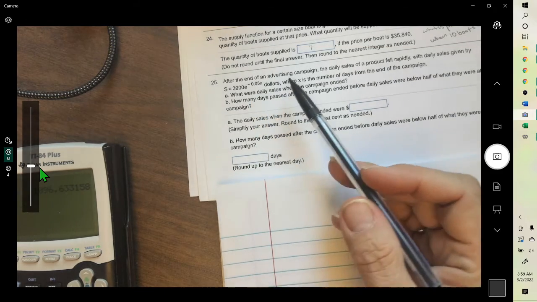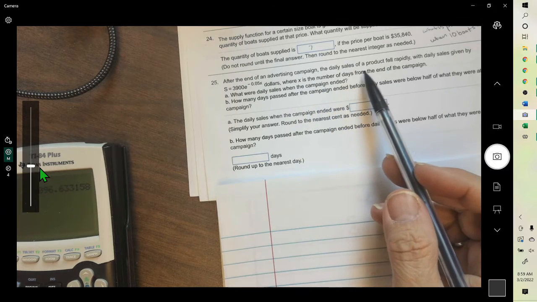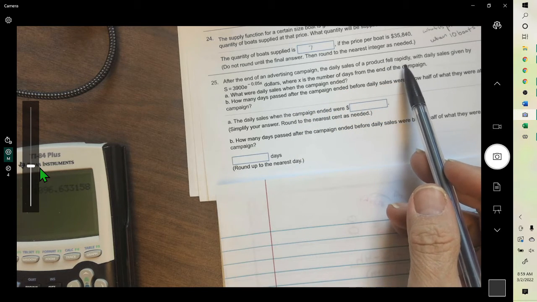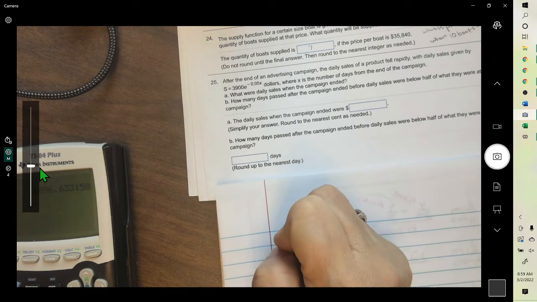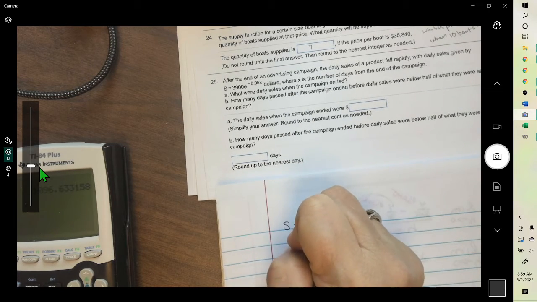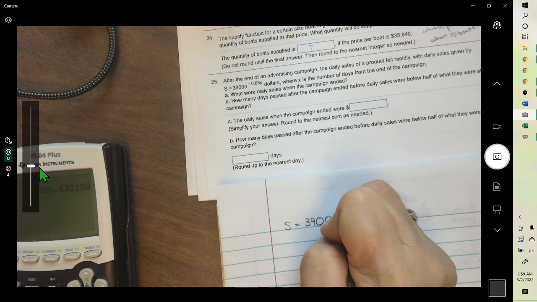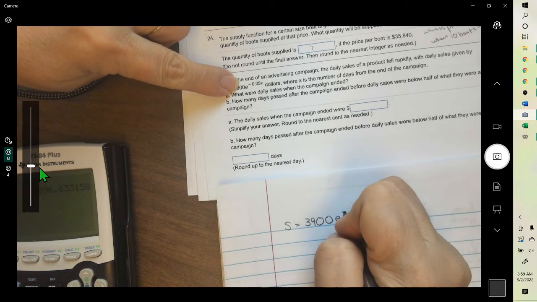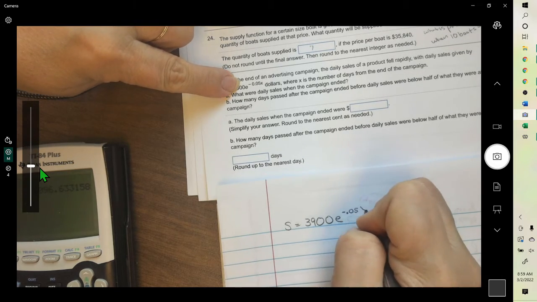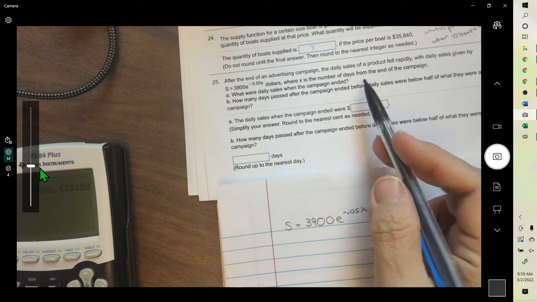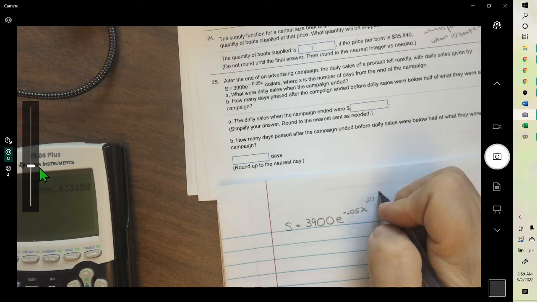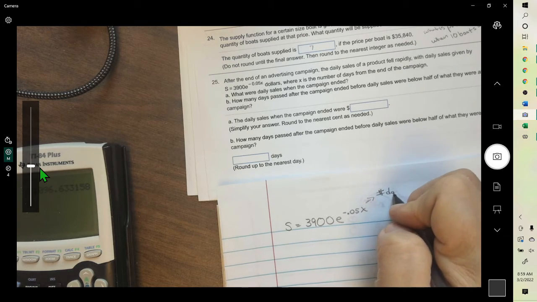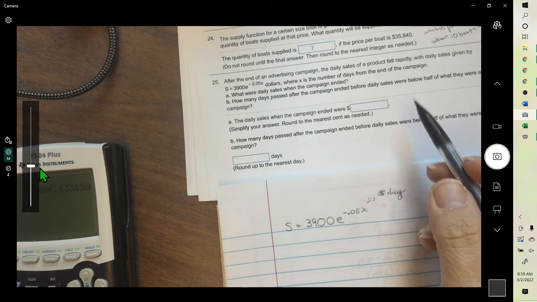After the end of an advertising campaign, the daily sales of a product fell rapidly, with daily sales given by S equals 3900 e to the negative 0.05x, where x is the number of days from the end of the campaign.